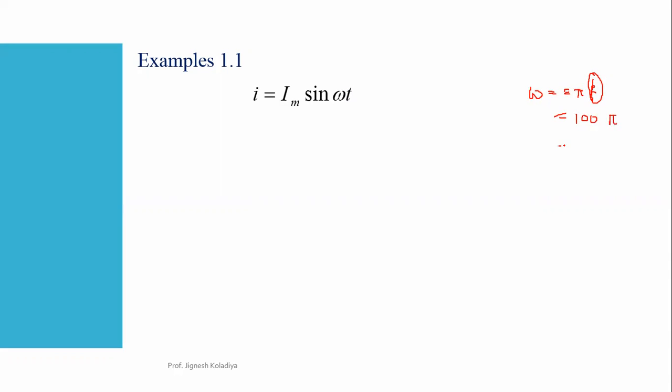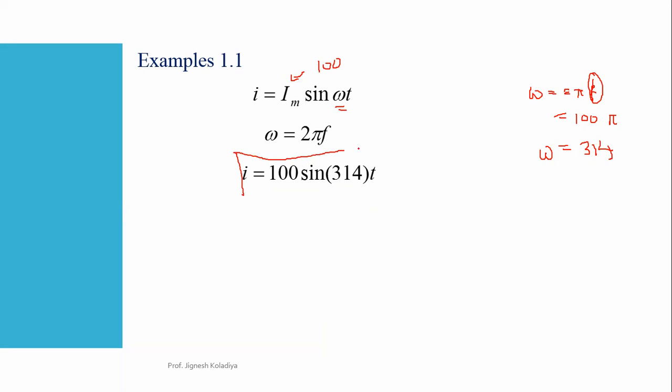Pi is 3.14, so I'm getting 314. So omega is 314. Directly put over here. And Im is 100. Maximum value is already given. So this will be my answer: i is equal to 100 sine 314 t. Now second, what we have to find?